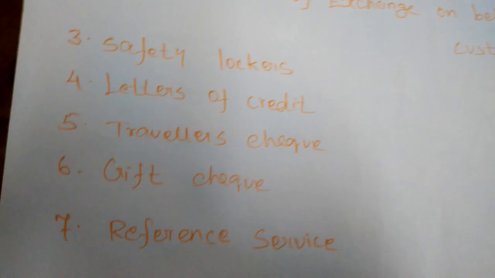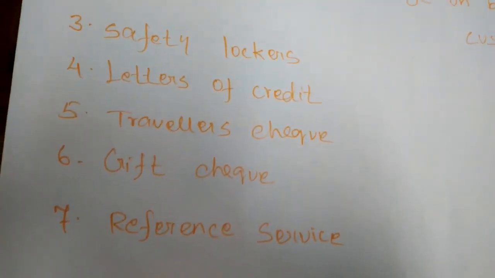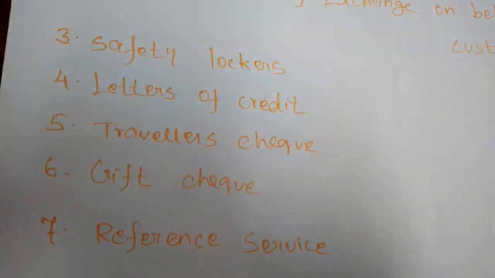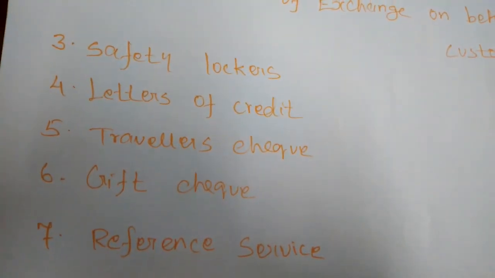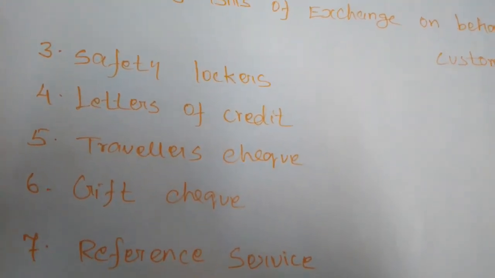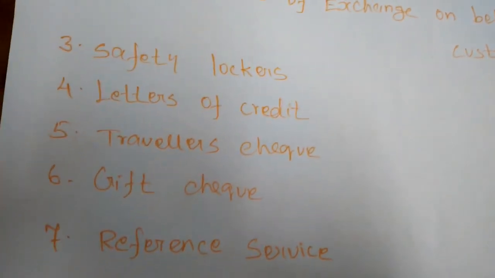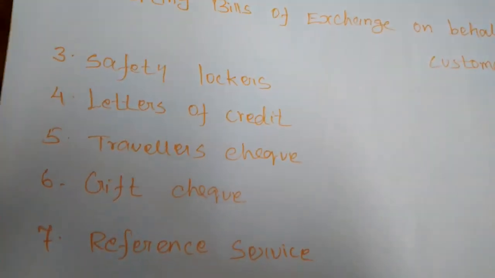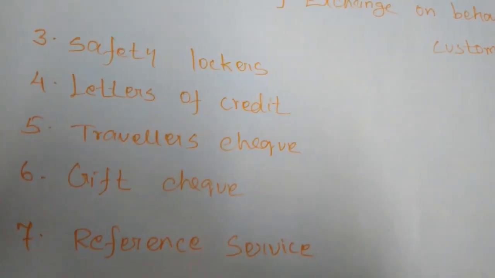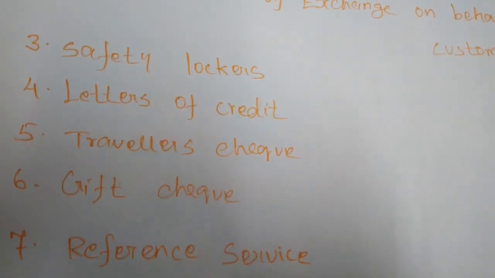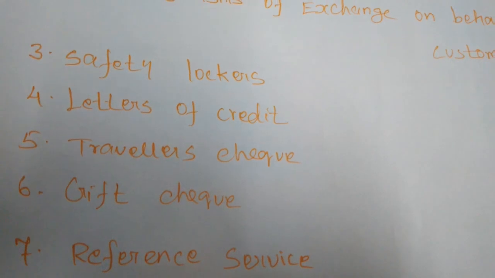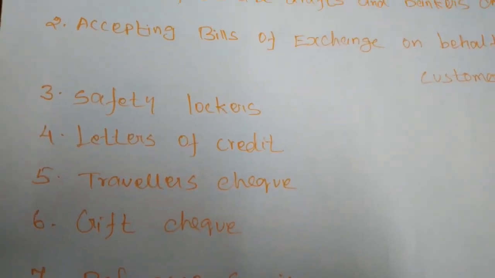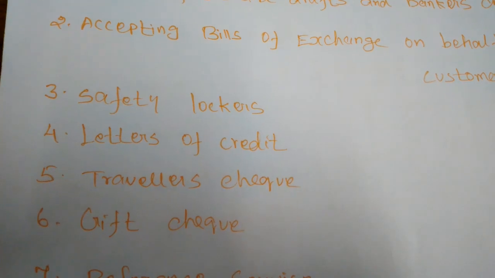Next, letters of credit. This document is given by the bank on behalf of importing customers to the exporter, guaranteeing payment for the imported goods. The letter of credit is one such document. It is provided by the commercial banks to the importers. On behalf of the importers, the commercial banks provide the letters of credit to the exporters' bank.